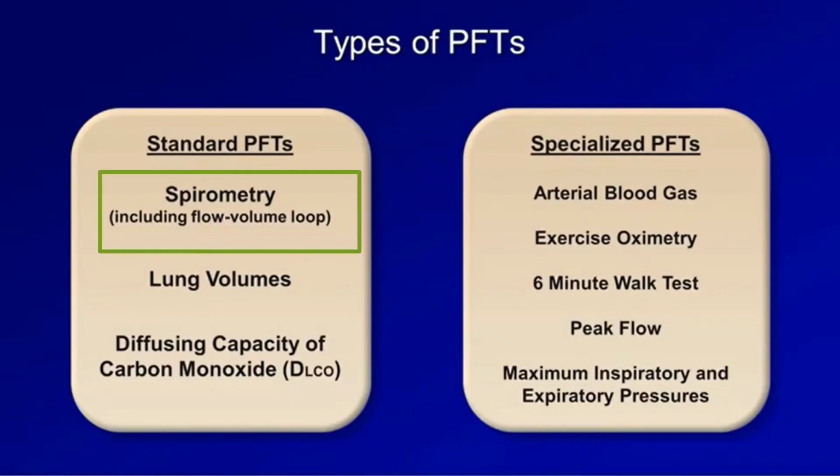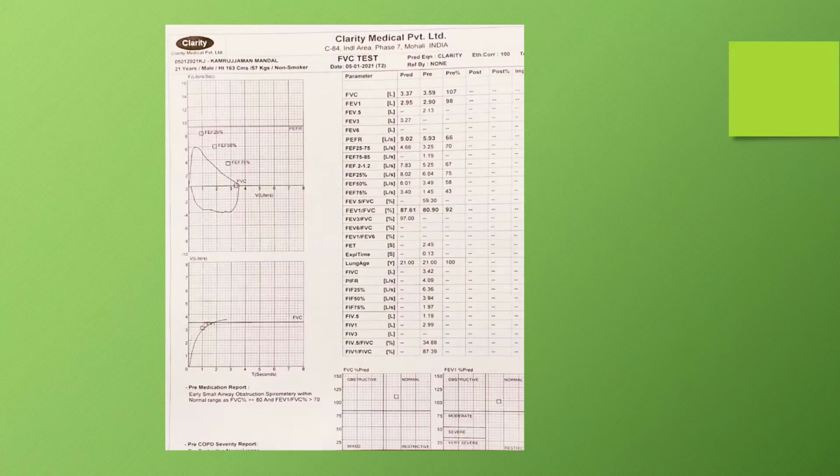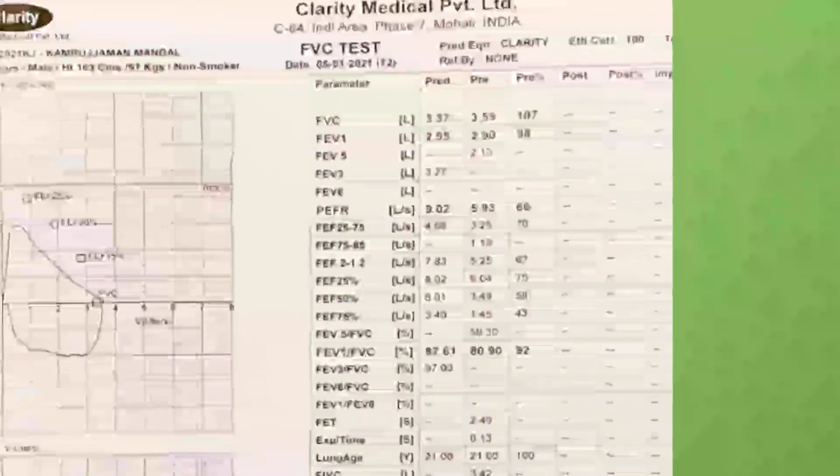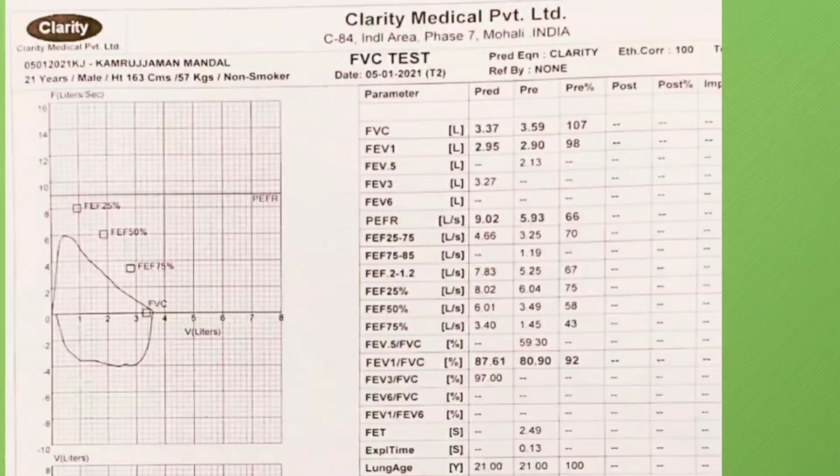So this is a spirometric report we usually do in our department. Here you can see it is a case of a patient, Kamirujaman Mondol, age 21 years, male, height 163 centimeters, weight 57 kg, and non-smoker.